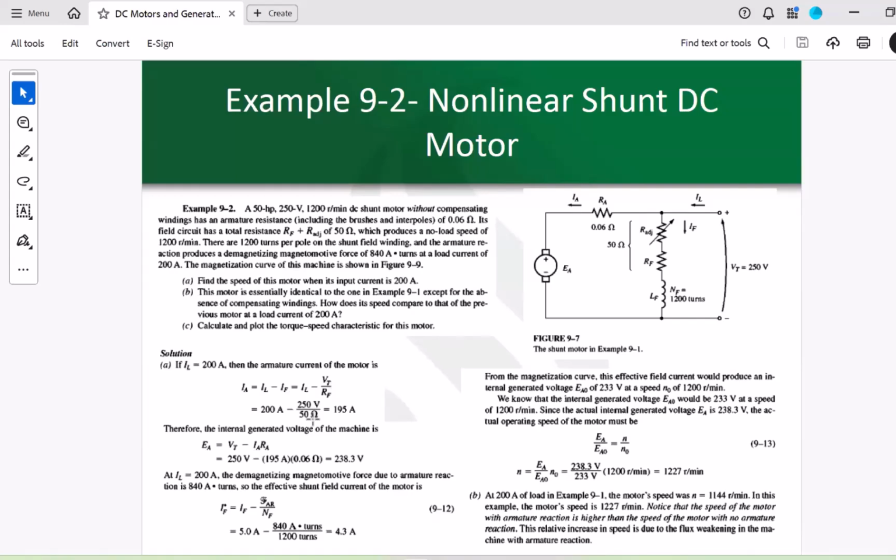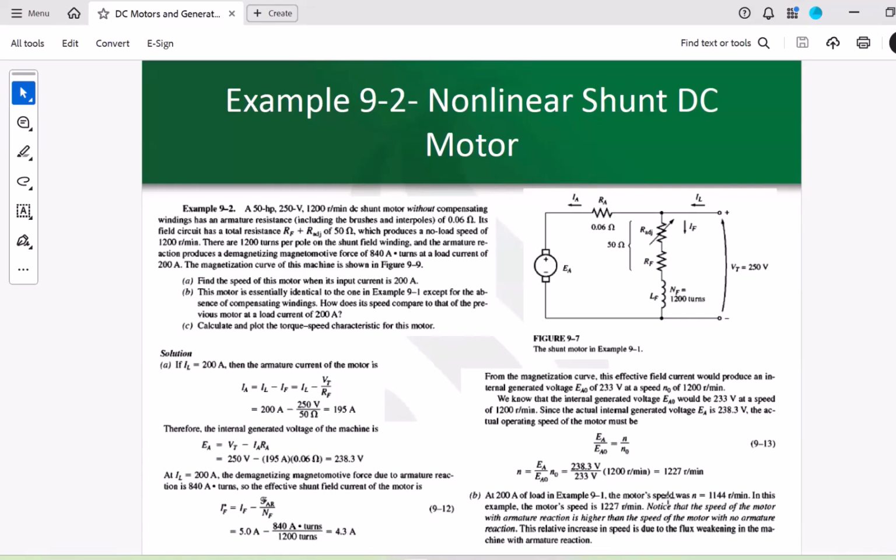But its effective value is not 5 amps. It's as if some value needs to be subtracted from it. And that is equal to 840 divided by the number of turns, which gives you basically an IF star. So it's as if your machine is really working under a condition where its excitation current is 4.3 amps, not 5 amps. Does that make sense? That's because of the effect of your armature reaction.